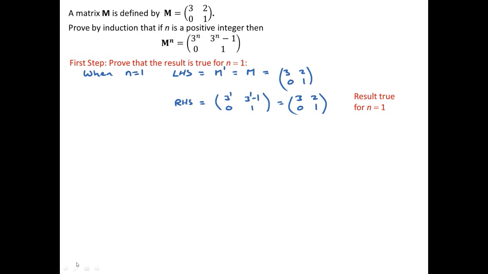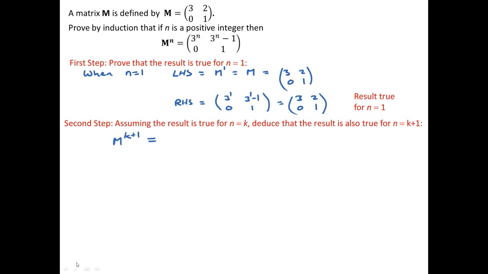Our second stage: we assume that the result is true for n equals k, and we must then deduce that the result is also true for n equals k plus 1. So we've got to consider M to the k plus 1, and we've got to show that it's equal to the result when n is equal to k plus 1.